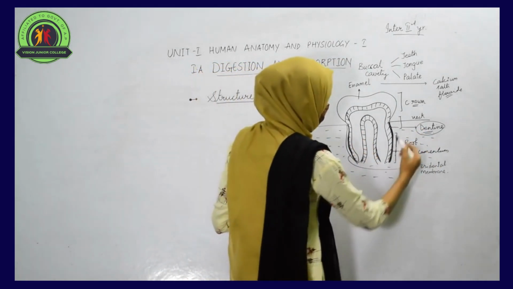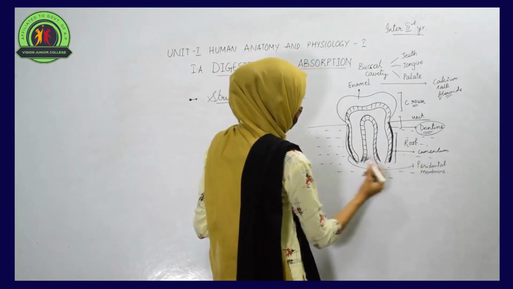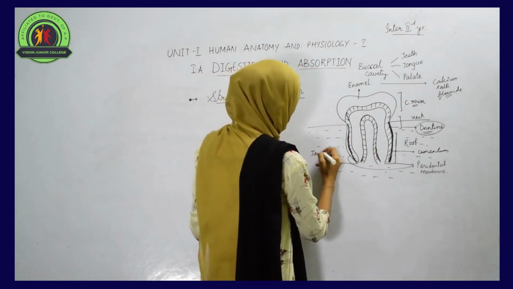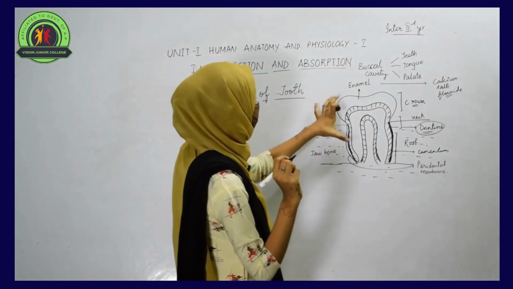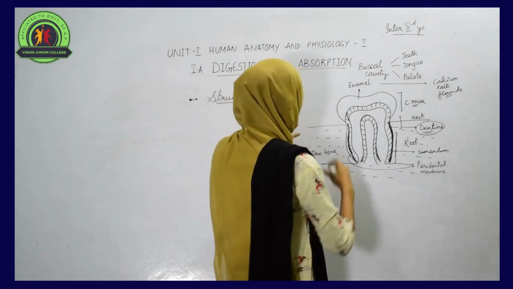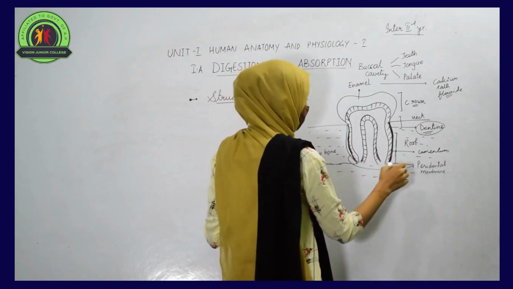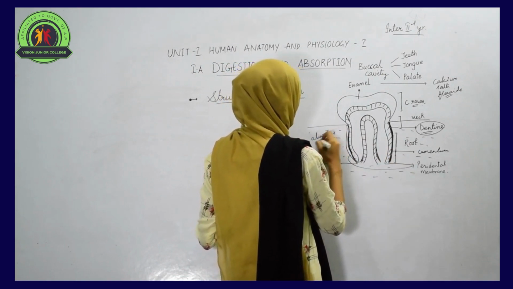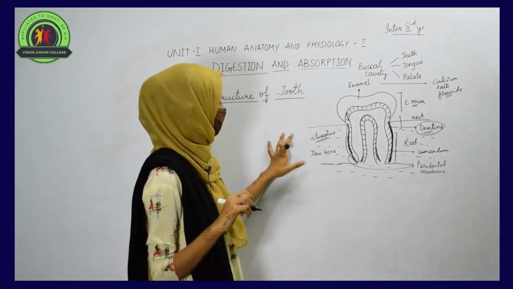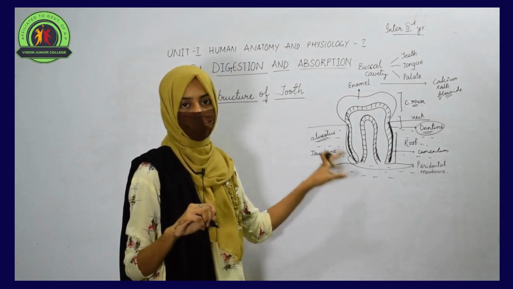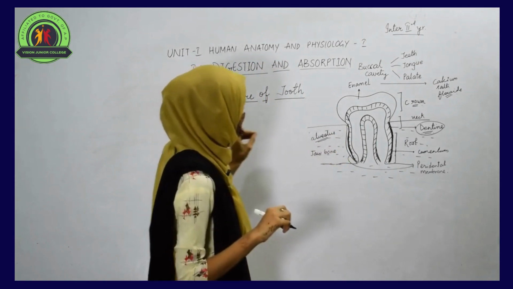This is the socket, a pocket-like structure present in our jawbone in which the tooth gets fixed. The space in the jawbone is called alveolus, and the socket-like structure in which the tooth gets fixed is present in it.